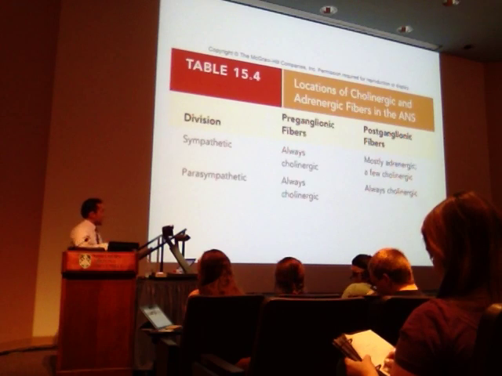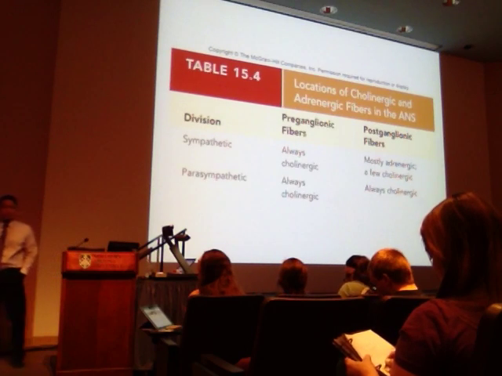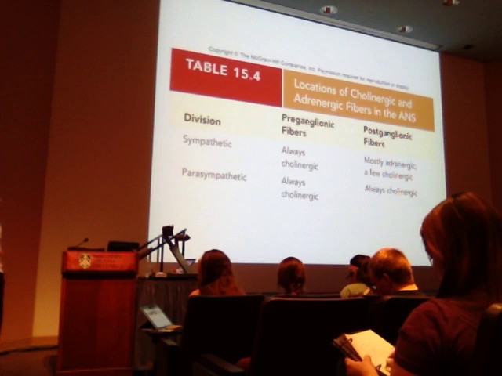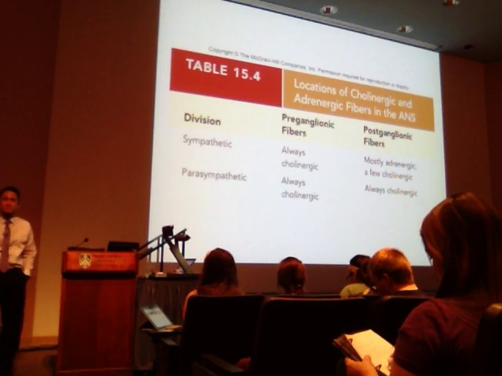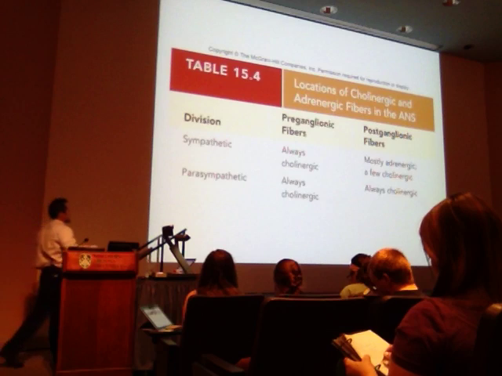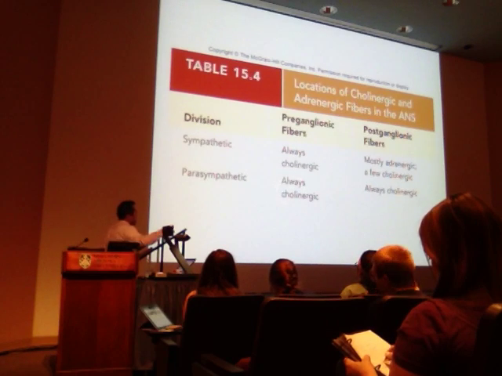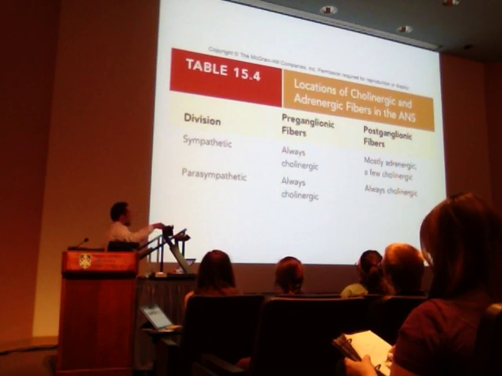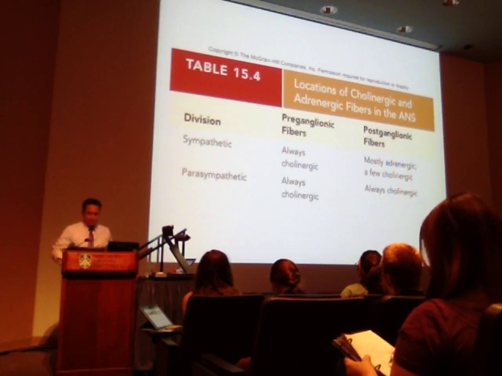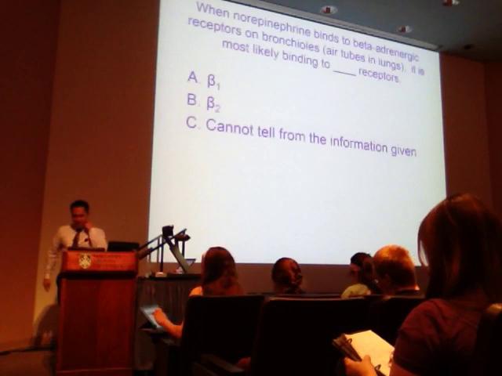And now you know the difference between adrenergic and cholinergic. Adrenergic referring to norepinephrine, cholinergic referring to acetylcholine. On the parasympathetic side, much more straightforward. It's always cholinergic on the pre, and it's always cholinergic on the post. Okay, so given this information, let's ask this question.